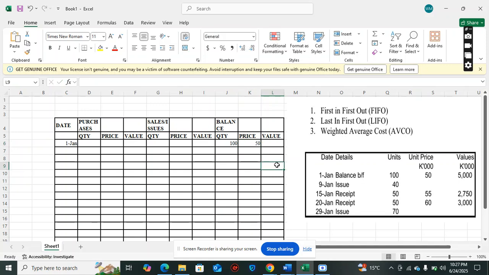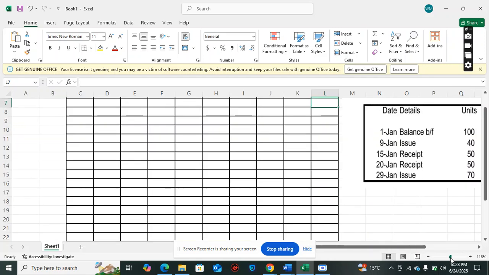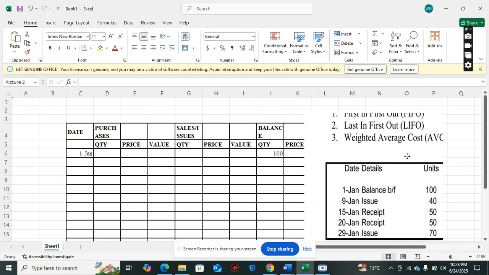The total value of our opening inventory is already given to us, 5,000, which is just 100 times 50. That's the first thing: first, put in your opening inventory.